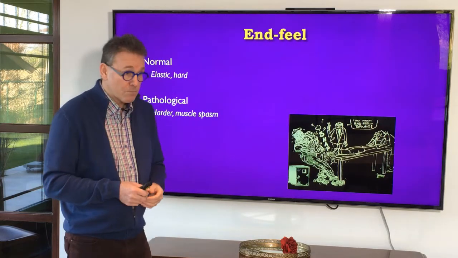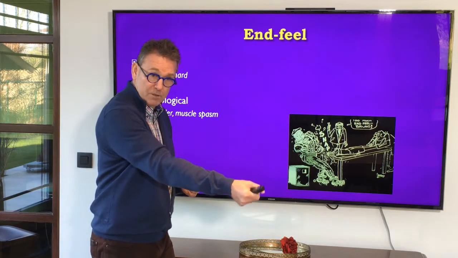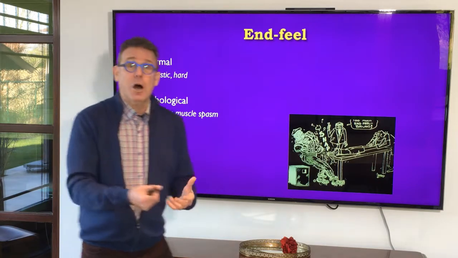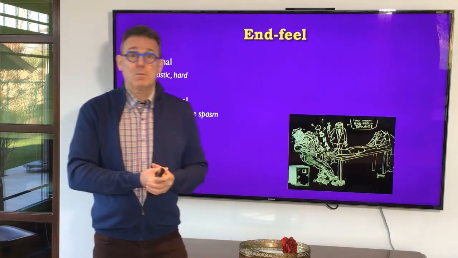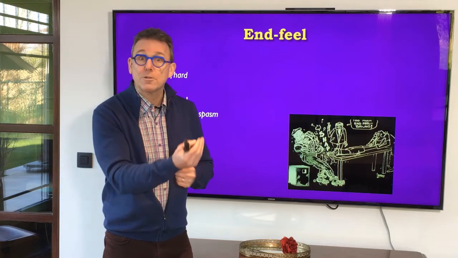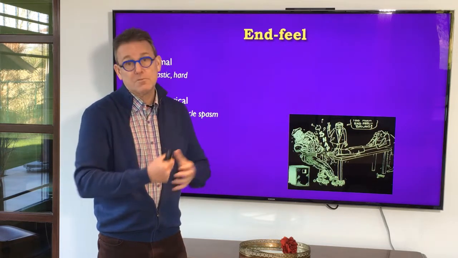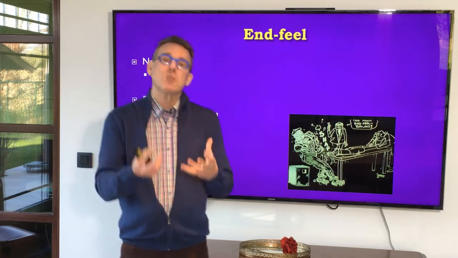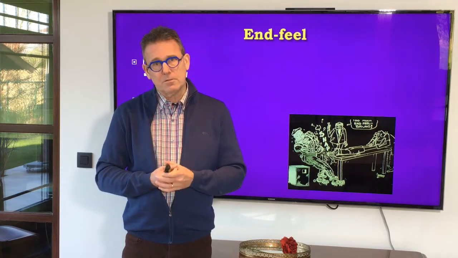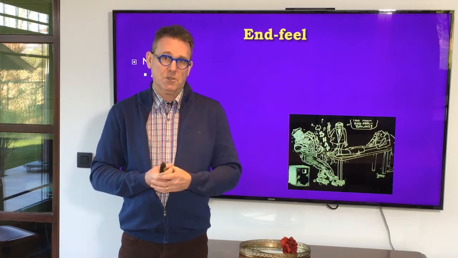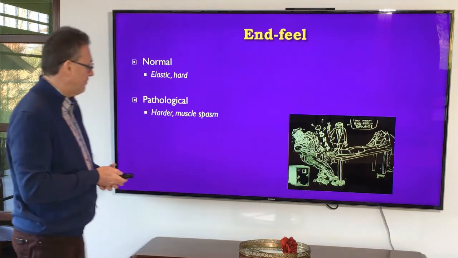Or a hard end feel, for instance, hard end feel in the elbow, which is not hard anymore, it became softer because one or more loose bodies are interfering with the mobility of the joint and provoke a softer end feel. So sometimes the end feel gives you accessory information.